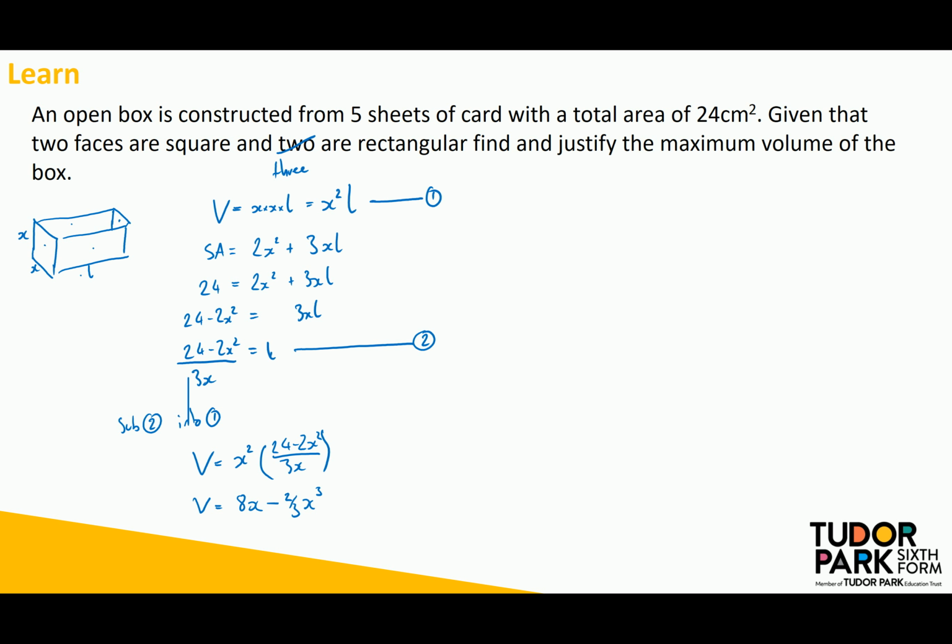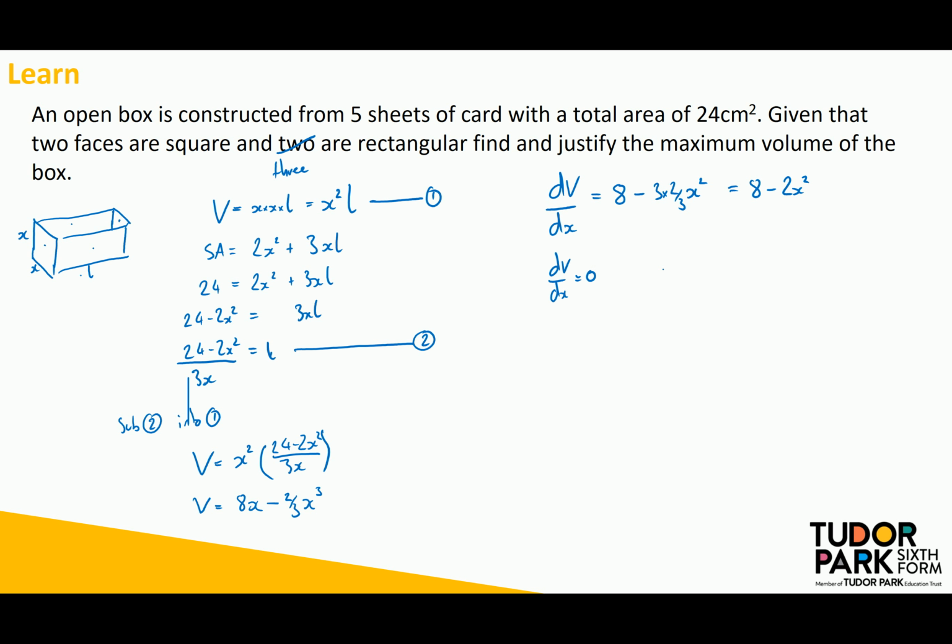Now what I can do is I can find out how the volume would change as x changes. So dV by dx. So differentiating that equation with respect to x is going to give me 8 minus 3 times 2/3 of x squared, or 8 minus 2x squared. Now if I want to find out the maximum volume, I know that maximums happen when the rate of change happens to be 0.